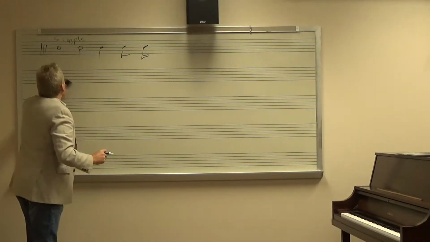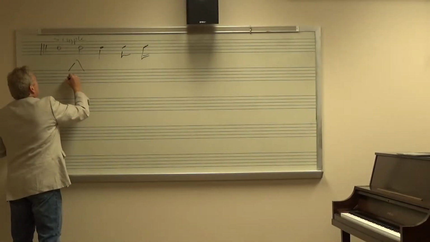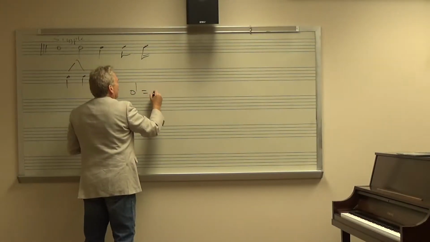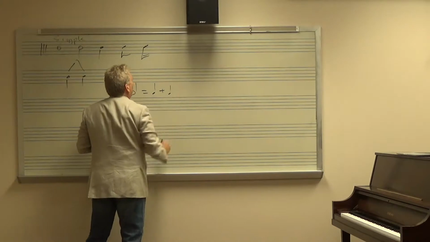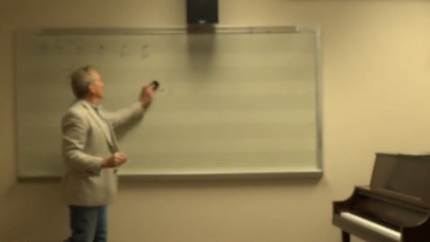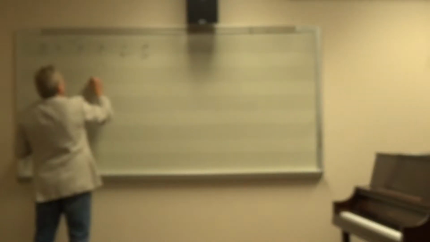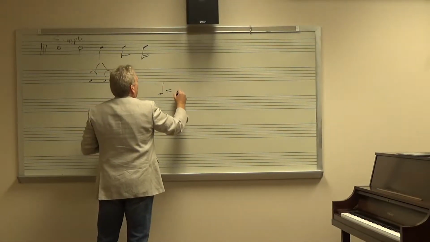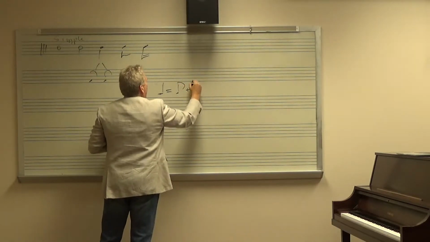My half note divides into 2 quarter notes. So my half note is equal to a quarter plus a quarter. My quarter note divides into 2 eighth notes. That means my quarter note is an eighth note plus an eighth note.